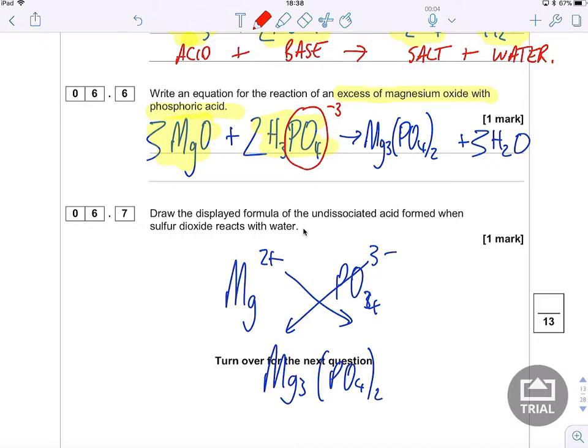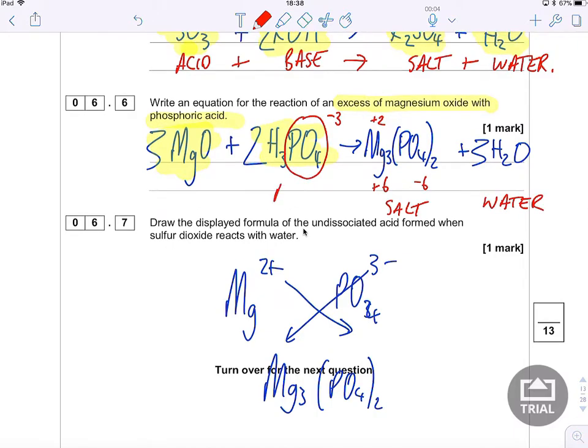So magnesium is going to be +2, the phosphate is -3, so I need 2 lots of them, gets me a total of -6, and 3 lots of magnesium gets me a total of +6. And I've got magnesium phosphate, which is my salt, and I've got three waters, and I've got my acid, and I've got my base. And again, 1 mark.